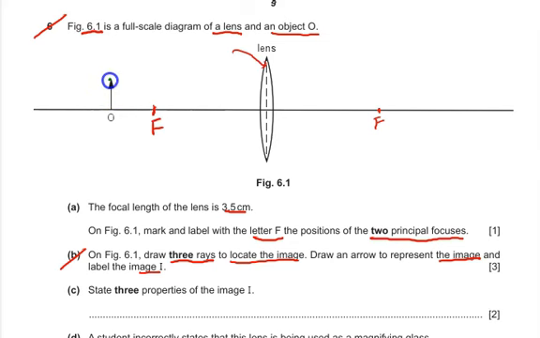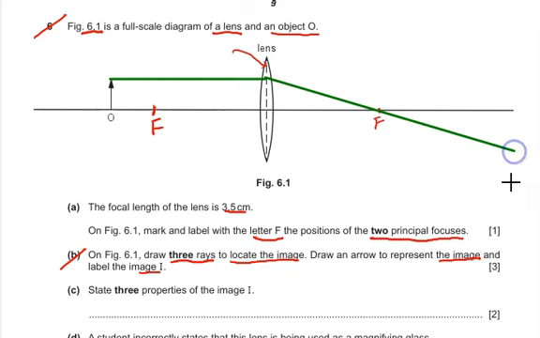From here, straight to the center of the lens. Then from here you have to go through the focus point. This is ray number 1.